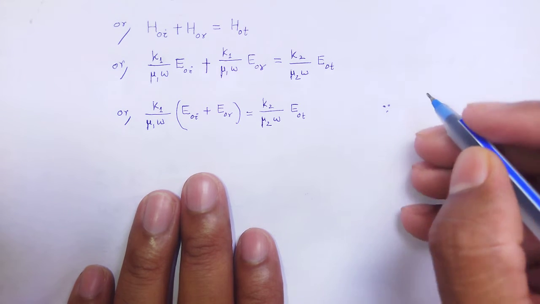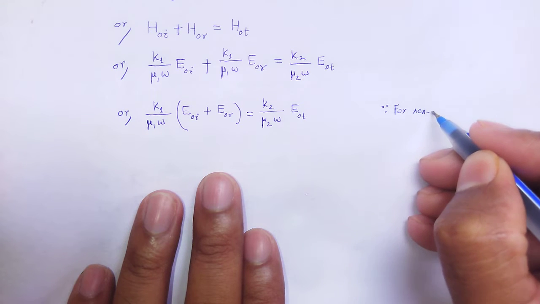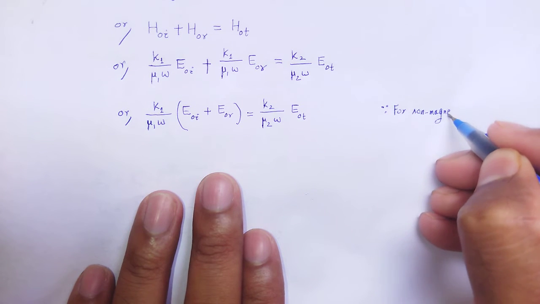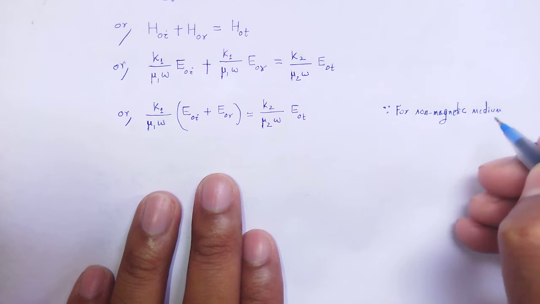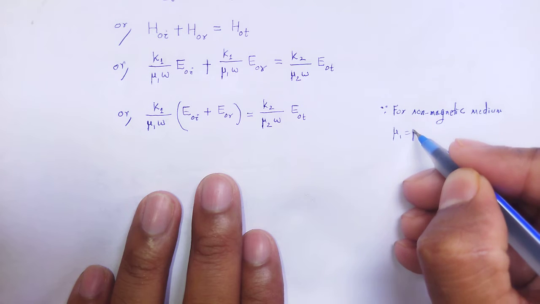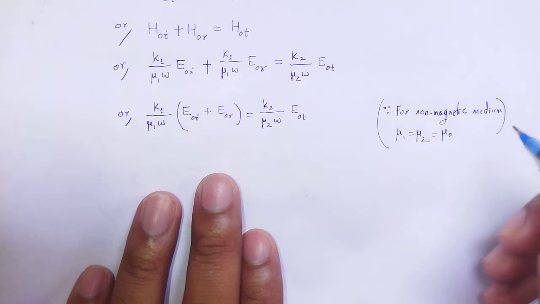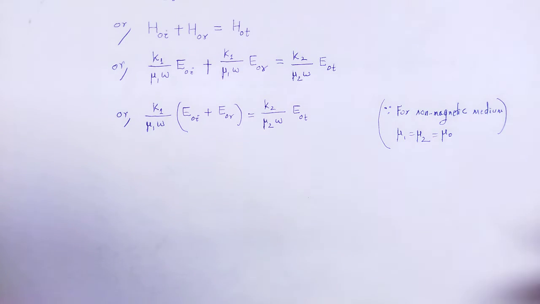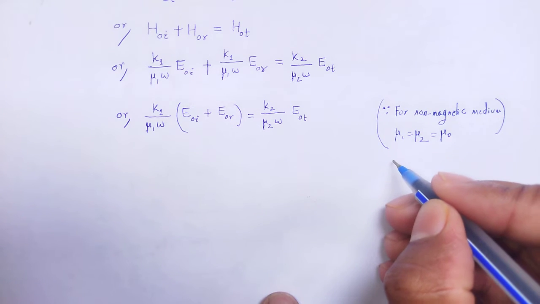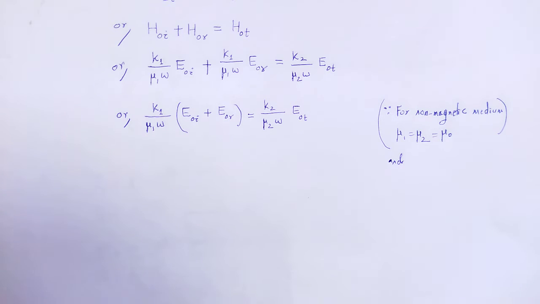Here is the condition for a non-magnetic medium. For a non-magnetic medium, mu1 is equal to mu2, that is equal to mu naught. Permeability of medium 1 and permeability of medium 2 are nothing but the permeability of free space. And another relation, how the K vector is related to the refractive index.